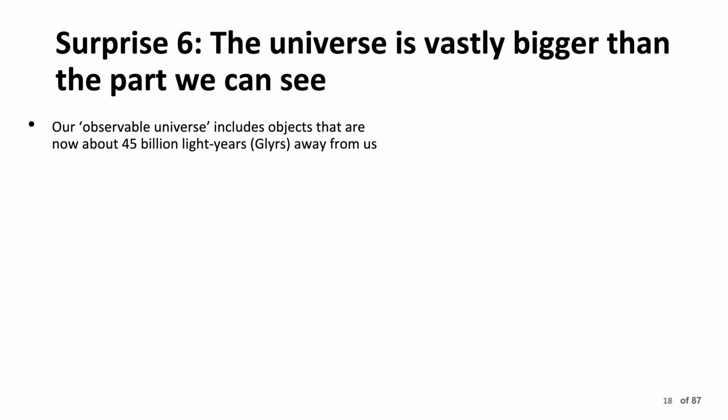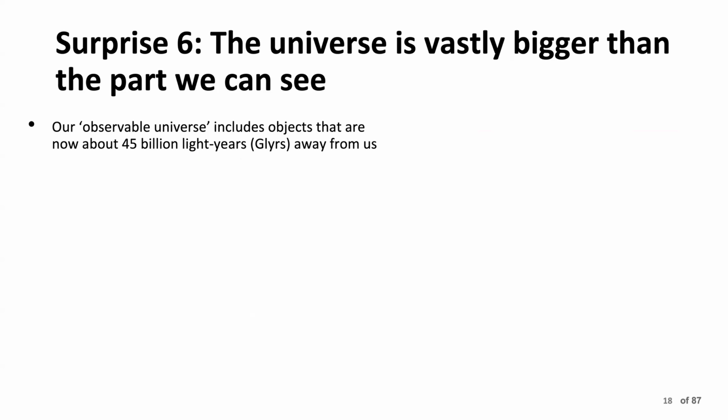Let's talk about the size of the universe. One of the things we know is that the most distant objects in our observable universe are about 45 billion light years away from us, in spite of the fact that the universe is less than 13 or 14 billion years old, because the expansion of the universe has carried objects away from us at speeds greater than the speed of light.